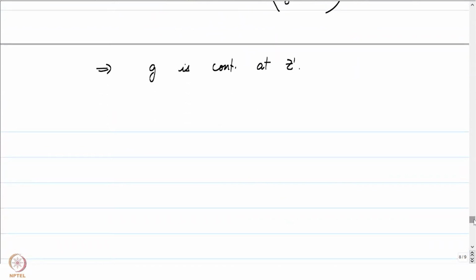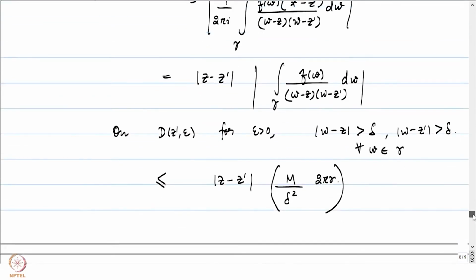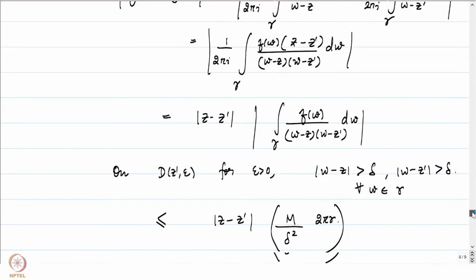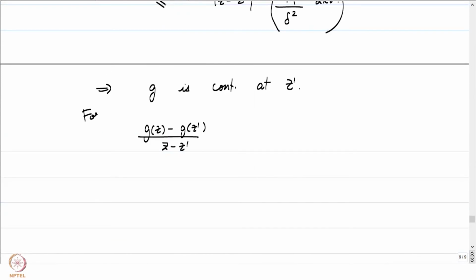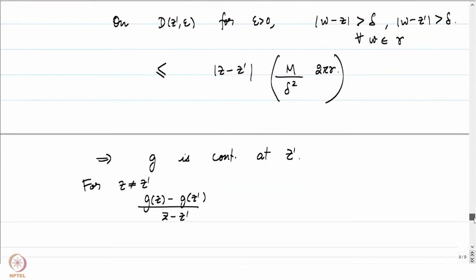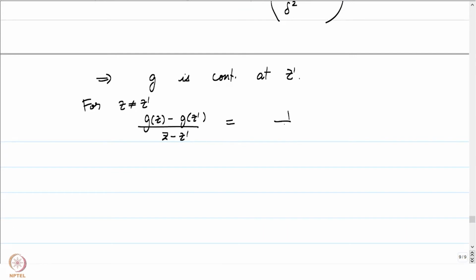Anyway, we have now even established that G is continuous. Now if you look at what is G of z minus G of z prime by z minus z prime, what is that going to be for z not equal to z prime? That's going to be equal to 1 by 2 pi i integral over gamma f of w by w minus z times w minus z prime dw.